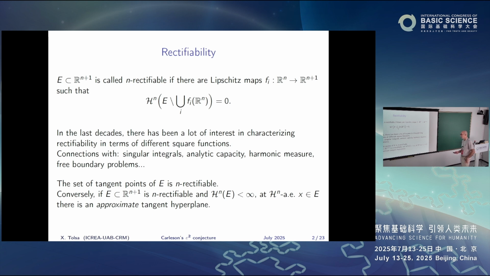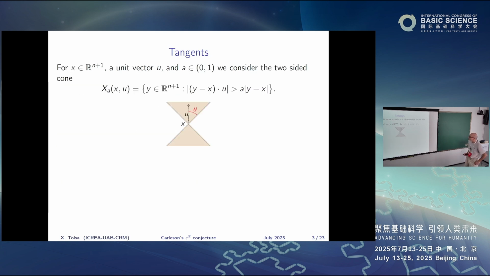And conversely, if E is n-rectifiable and has finite n-dimensional Hausdorff measure, then at almost all points there exists an approximate tangent hyperplane. Okay. And a tangent point is a point where there's a tangent to something. Yeah, we will see now. For instance, I will define now what is tangent in general and what is an approximate tangent.